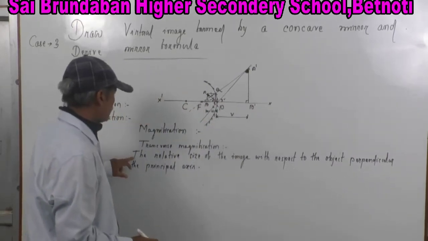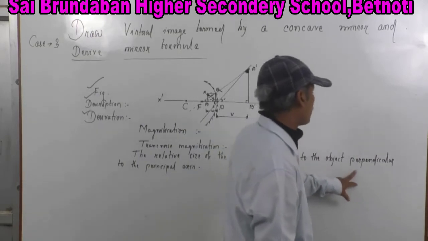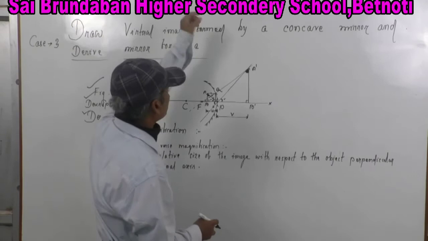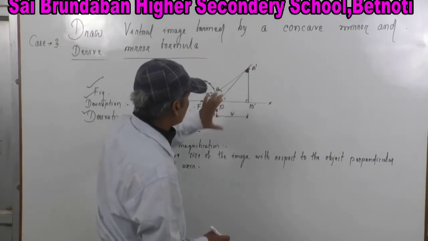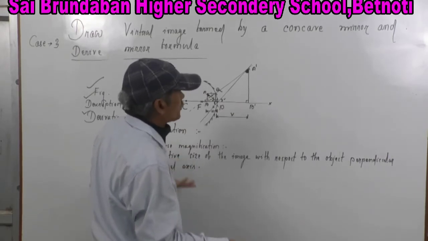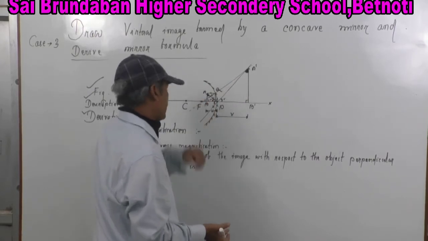So it is the relative size of the image with respect to the object perpendicular to the principal axis. Perpendicular to the principal axis means a length. It is nothing but the ratio between the image and the object.